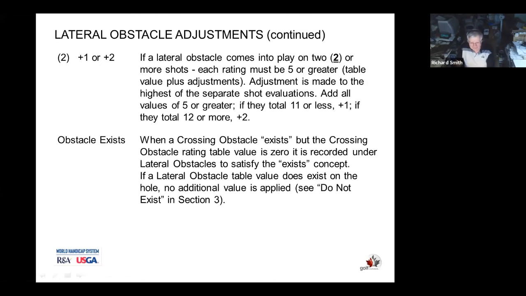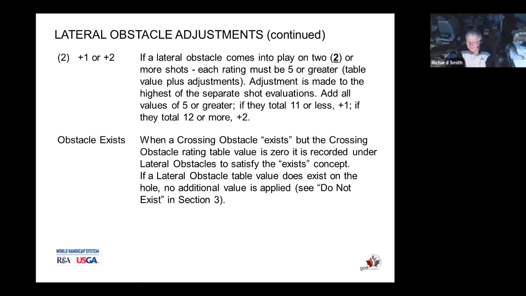And this next one is maybe the answer to that earlier question. If you have a crossing obstacle which exists, but the table value under crossing obstacle is 0, we can record it under lateral obstacles to satisfy the "it exists" concept. So if a lateral obstacle table value already exists, you would not apply this.